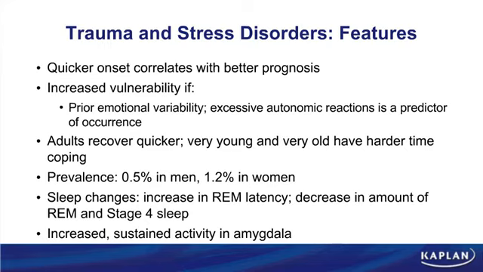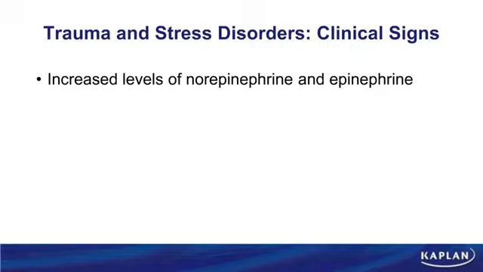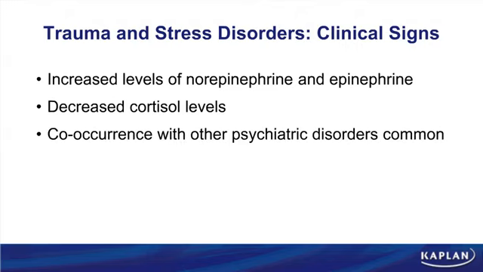And according to research, there is increased sustained activity in the amygdala. Now, patients who have these disorders are going to have increased levels of norepinephrine as well as epinephrine. They tend to have decreased levels of cortisol, and we know that it will have great comorbidities with other psychiatric disorders such as substance abuse, depression, anxiety, etc.